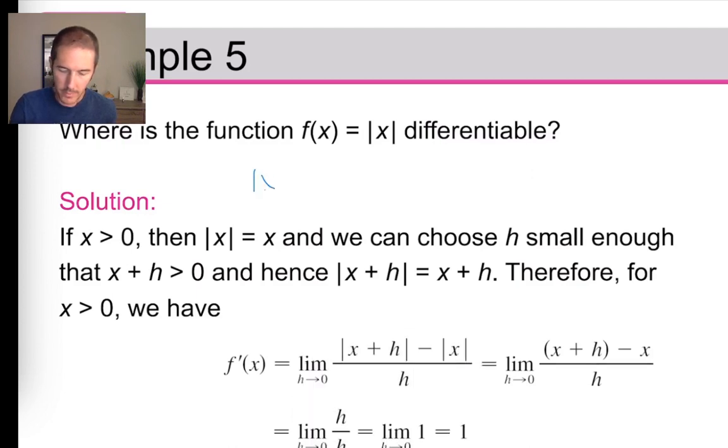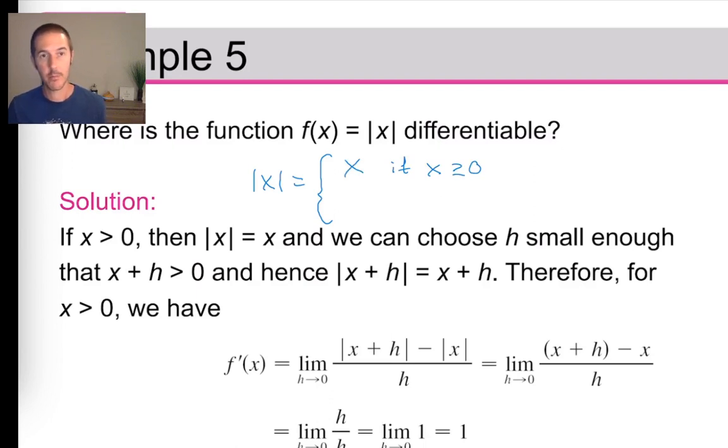The absolute value of x, defined as a piecewise function, says that if your x value is greater than or equal to 0, then the absolute value function just returns your original input value. What's the absolute value of 5? Well, 5, right? What's the absolute value of 0? 0.